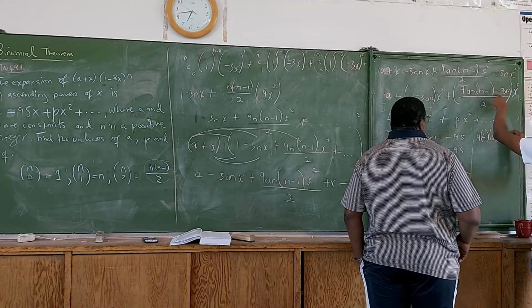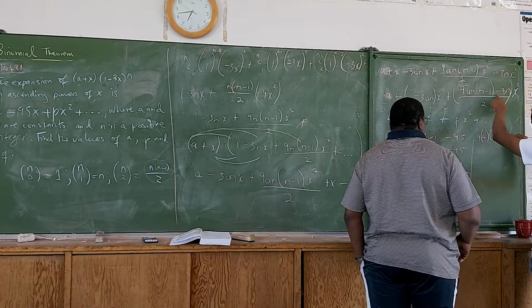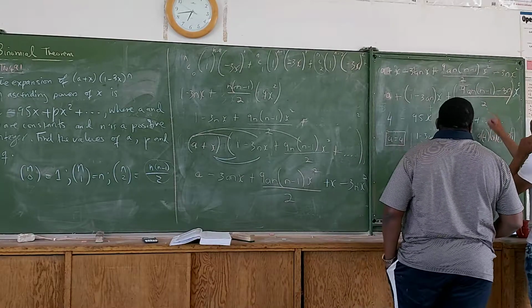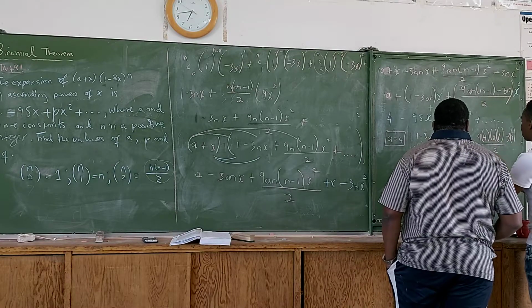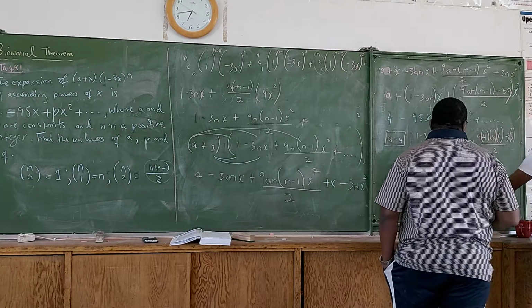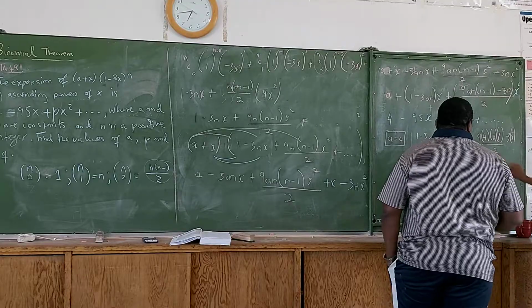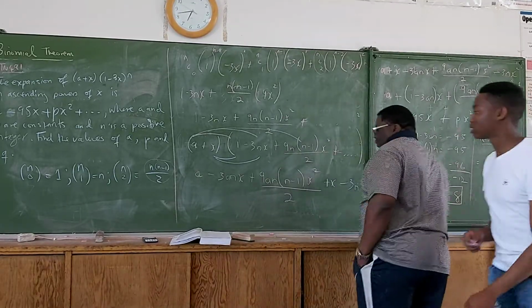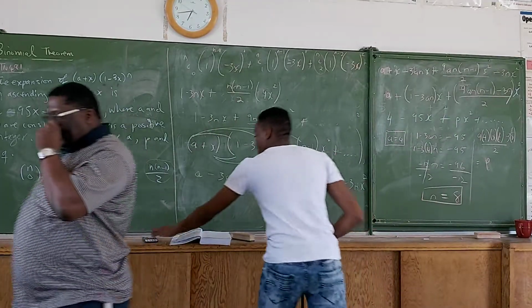Minus 3 times 8, all over 2 equal to P. Now first put that in your calculator and get the value of P. And then you put P equals. Then you divide everything.